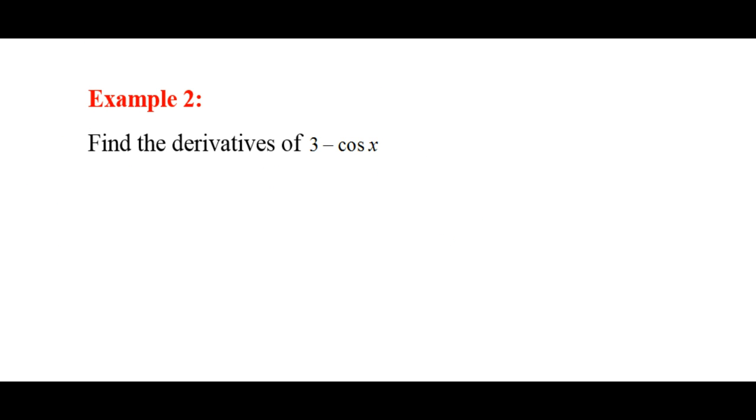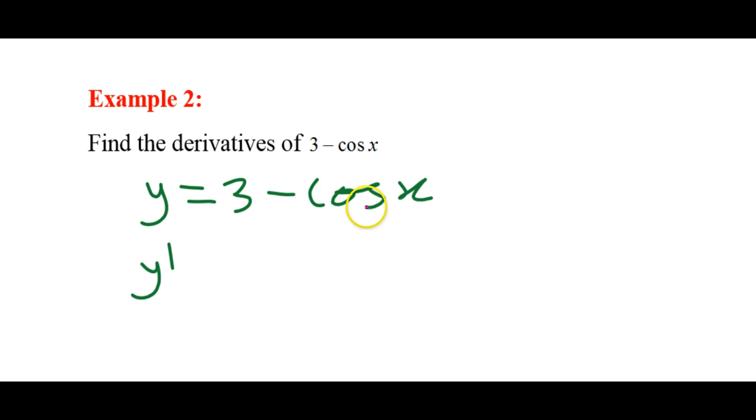Example number 2. We want to differentiate 3 minus cos x. And for 3 minus cos x, if the function is y, which is equal to 3 minus cos x, then to differentiate y, this time let me use y prime to show the differential.